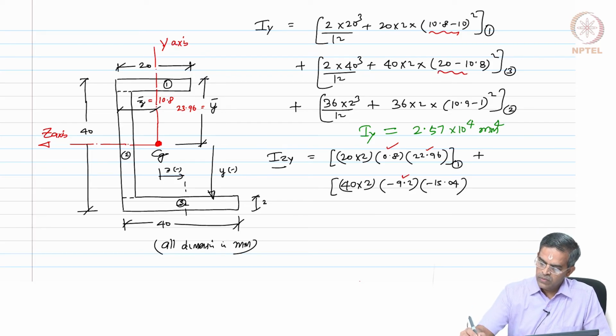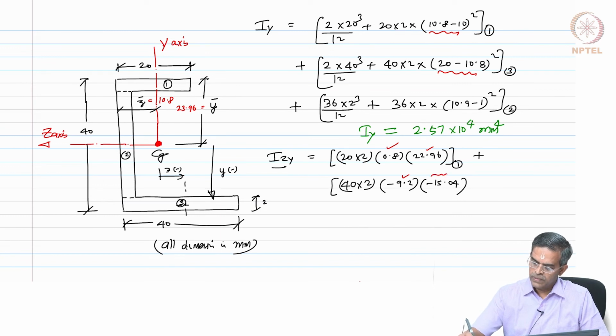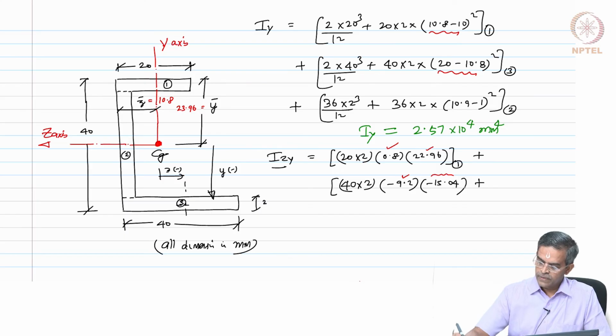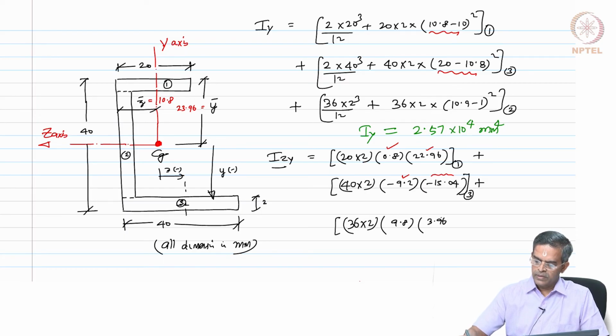This value is this, and this value is this. Okay, plus this for piece number 3, plus 36 into 2 into 9.8 into 3.96. This is for piece number 2.